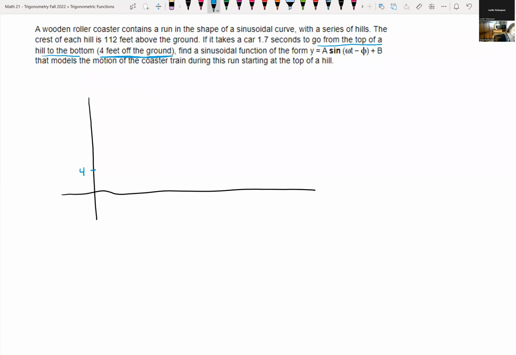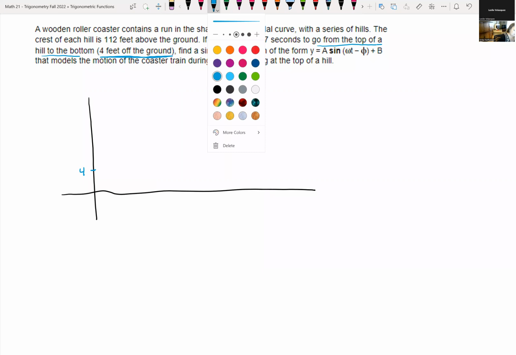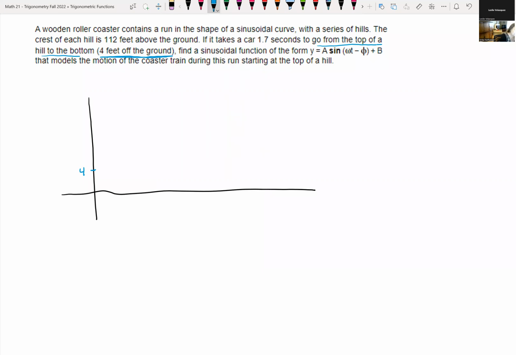This is not to scale. And then we know that the maximum value is 112. And it takes the car 1.7 seconds from the top to the bottom.